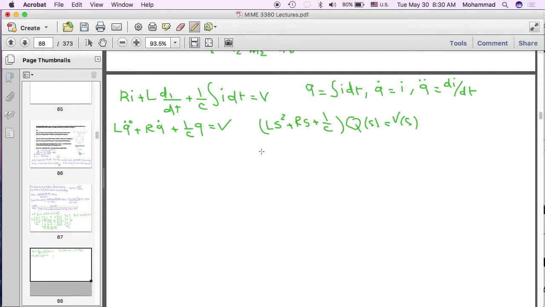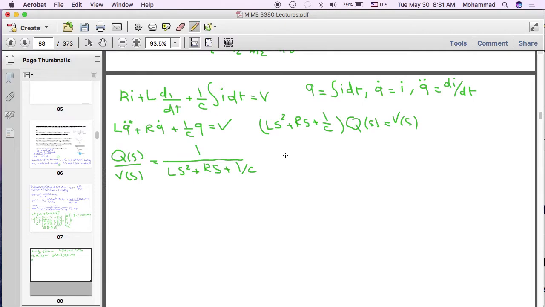So immediately you have the model. The model between Q as output over voltage as input is 1 over L s squared plus R s plus 1 over C. And what is the order of this model? Second order.